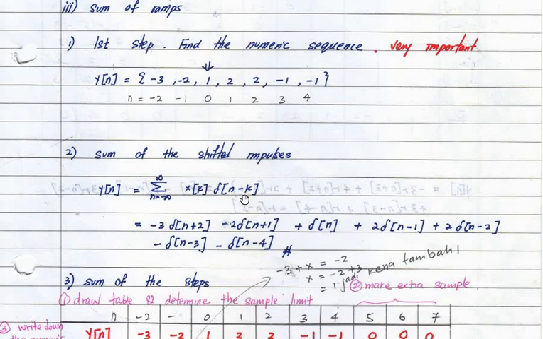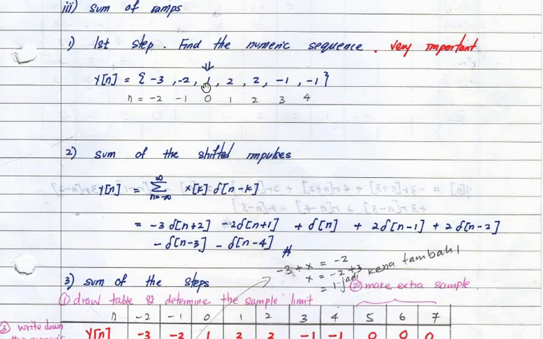Referring to this, the amplitude is negative 3 at n equal to negative 2, so you write negative 3 delta n plus 2. For the next value, negative 2 at n equal to negative 1, so negative 2 delta n plus 1.